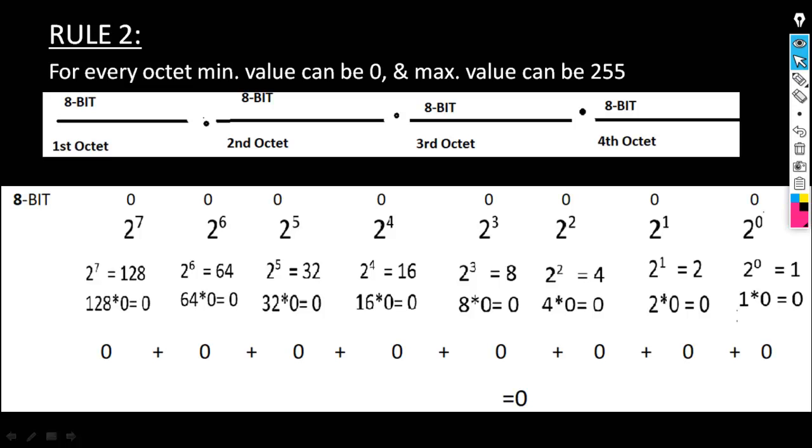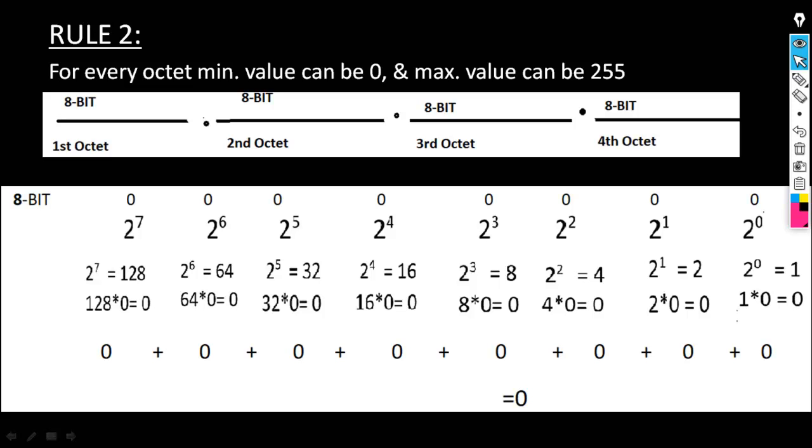Same way, we'll do it till 2 to the power 7. 2 to the power 7 equals to 128, and 128 multiplied by 0 equals to 0. And by adding all these values, that is 0 plus 0 plus 0, the result which we will get is 0. So now I hope you would have understood why we will use 0 as a minimum value.